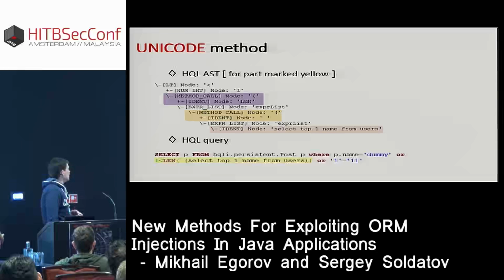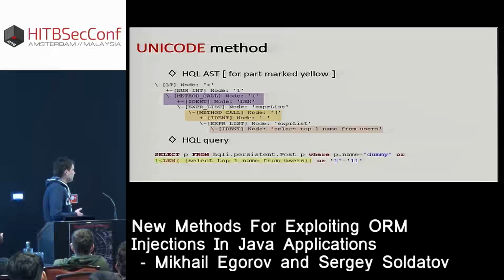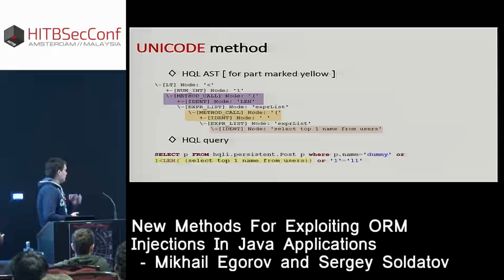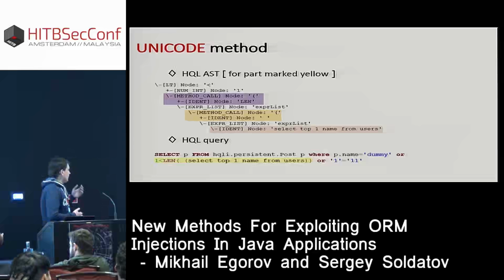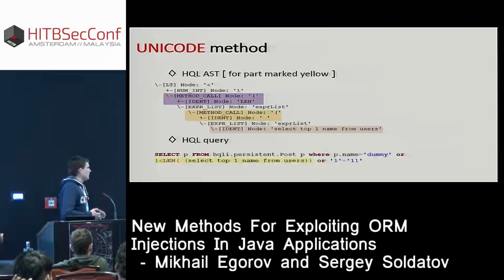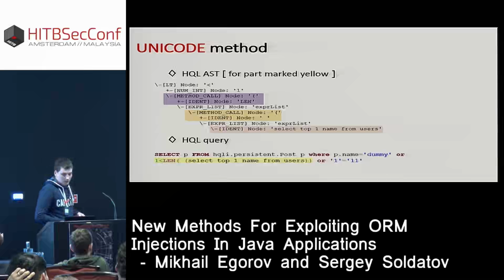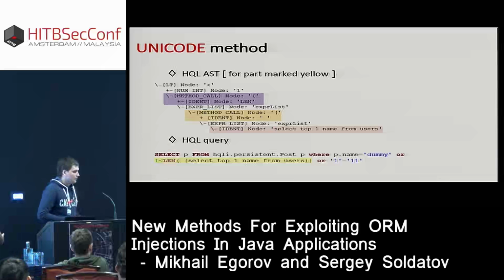We can see in the AST a not with a len function call, then a not with a nested function call, which has a name that consists of one Unicode symbol with code point 00A0, and this nested function has an argument, an identifier. In this identifier, we hide the SQL query by using Unicode delimiters. That is how we bypass Hibernate with Microsoft SQL Server.